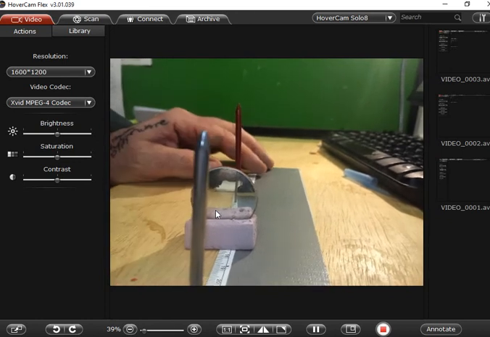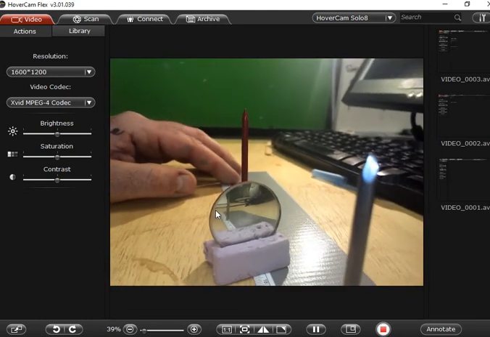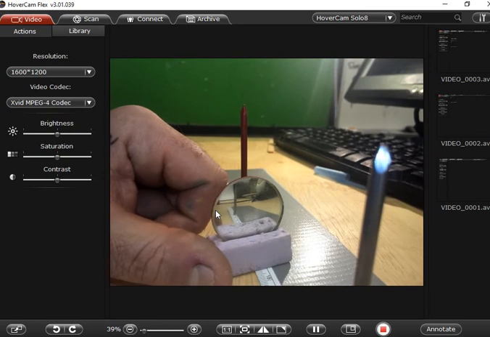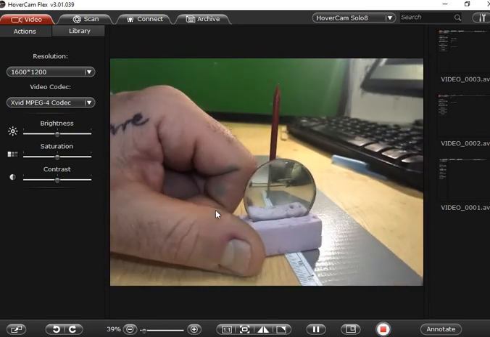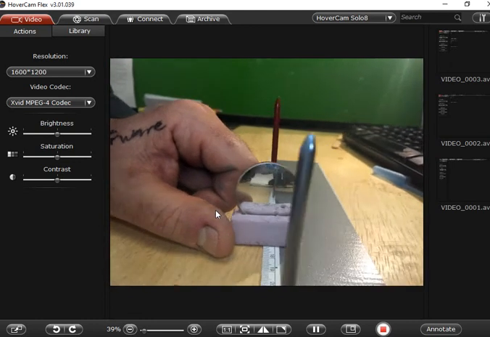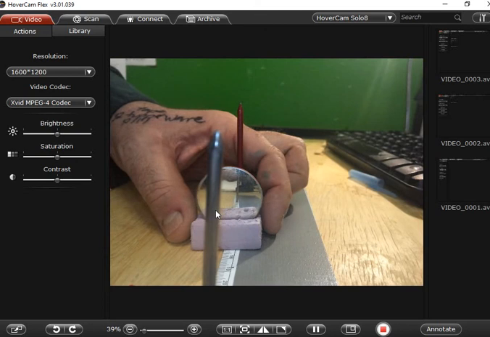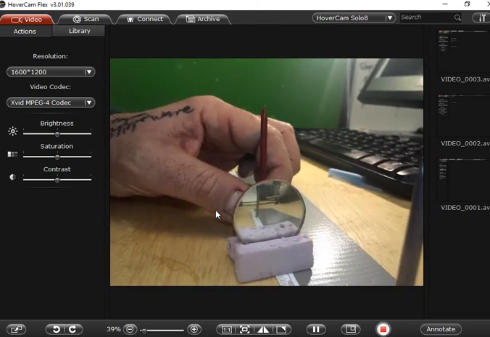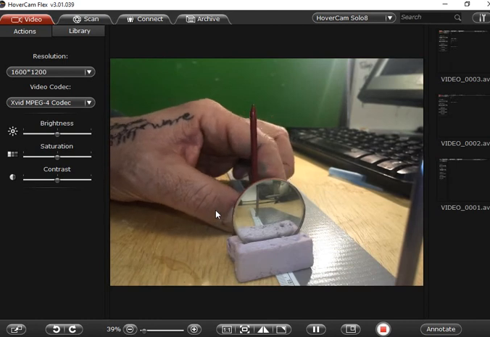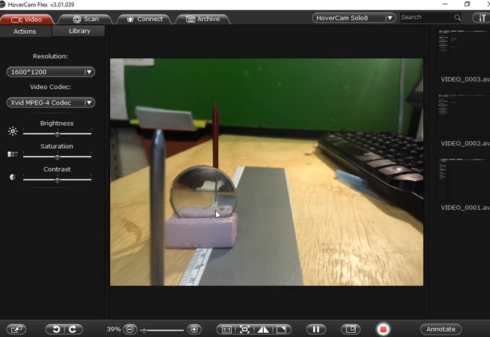Okay, now that's lined up, and I moved the mirror a bit. Okay, that's lined up there, and almost. Back it up a little bit. Okay, I'm going to call that a success.